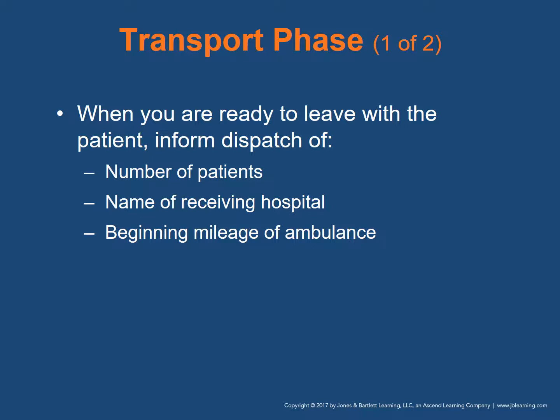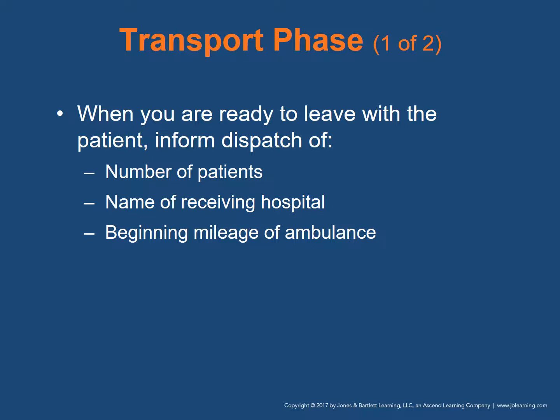And it's really quite simple once you get the hang of it. Dispatch just wants to know where you are. They want to know what you're doing and what the situation is really on the scene because they're not there and they can't see. And also for monitoring of miles, tracking miles of the ambulance, tracking you, making sure that you end up where you're supposed to be, or just in general knowing where you are.